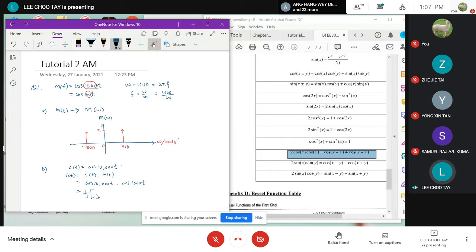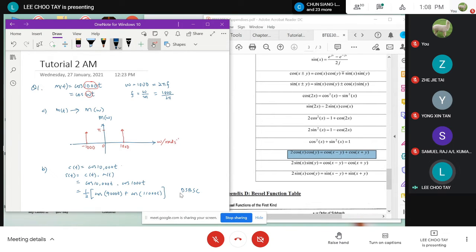So half of cosine, 10,000 minus 1,000 gives 9,000 t, plus cosine of x plus y, which is 11,000 t. So this is your double sideband suppressed carrier signal, in the time domain.